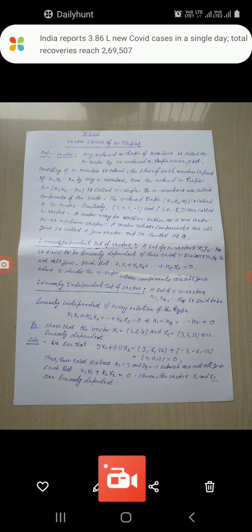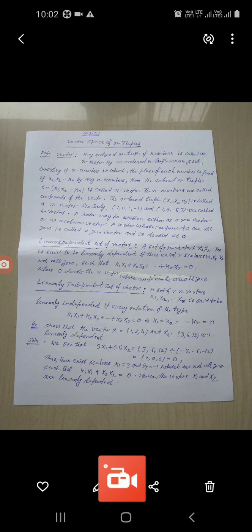If x1, x2, xn be any n numbers, then the ordered n tuple, that is, capital X equal to x1, x2, xn, is called an n vector.